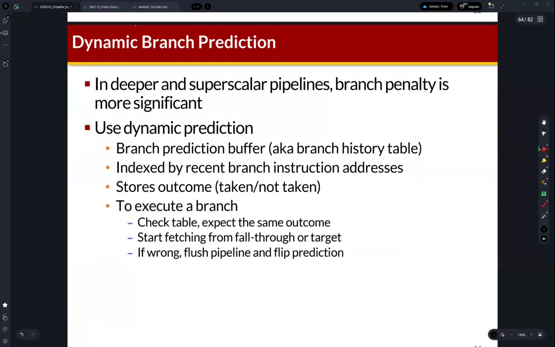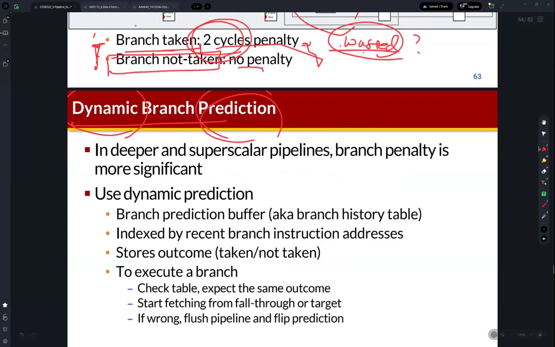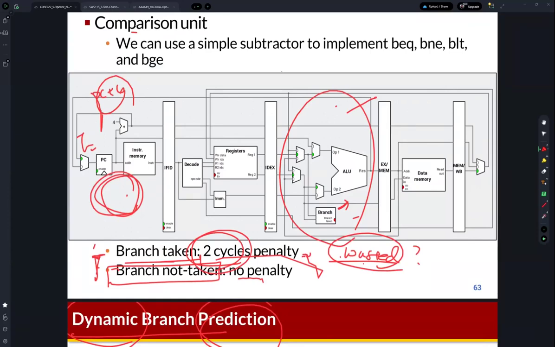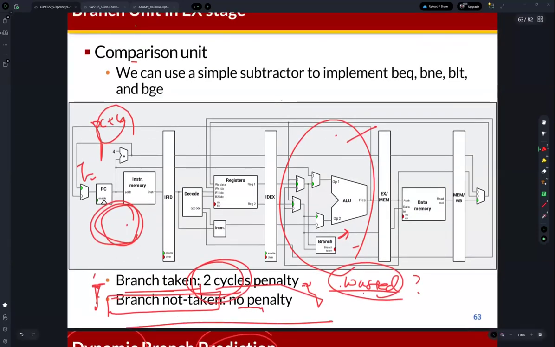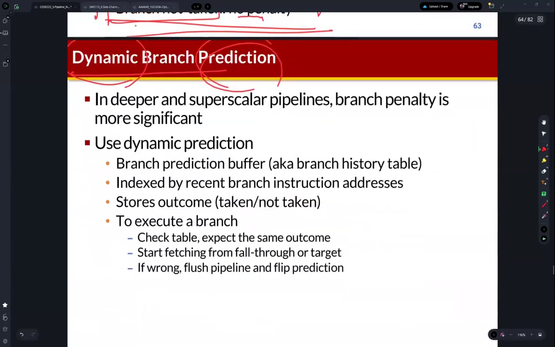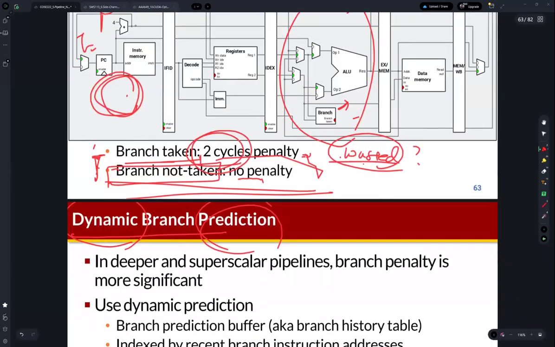So in the pipeline architecture, we can apply dynamic branch prediction. In the original design, we just predict that the branch is not taken always. So it's not dynamic prediction. But the problem is that if the branch is taken, 2 cycles are wasted. So we want to reduce this wasted cycle.